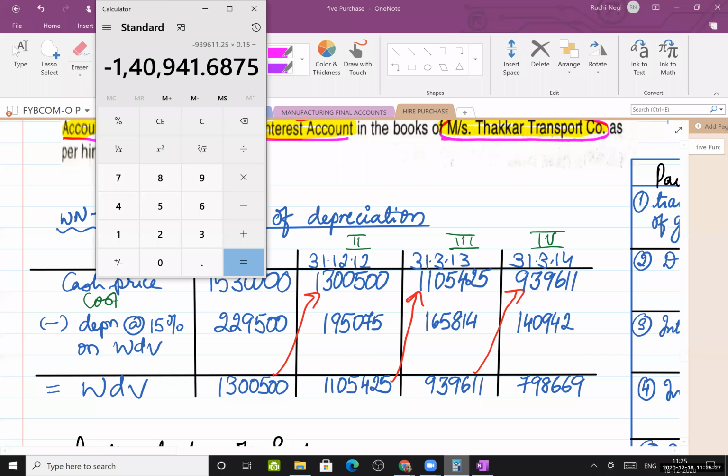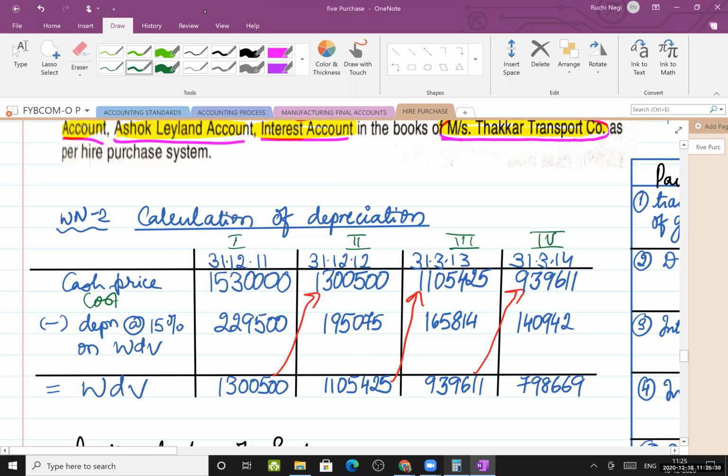So I hope the depreciation element is also clear to everyone. 7,98,669. Okay. Is this clear to everyone? Depreciation is also clear.